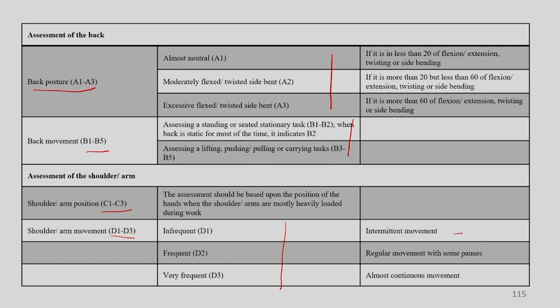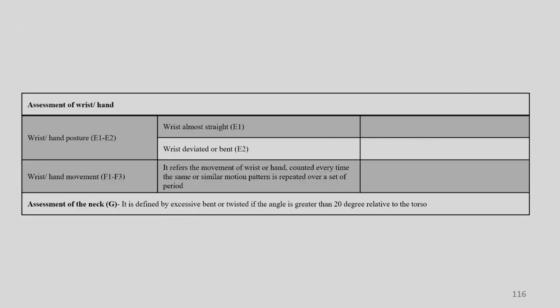Fine. Assessment of the wrist and hand, so E1, E2 and movement you are talking about F1 to F3. Now here assessment of the neck is G. It is defined by the excessive bend or twist if the angle is greater than 20 degrees relative to the torso. So you stand straight and you are trying to see if it is more than 20 degrees or not.